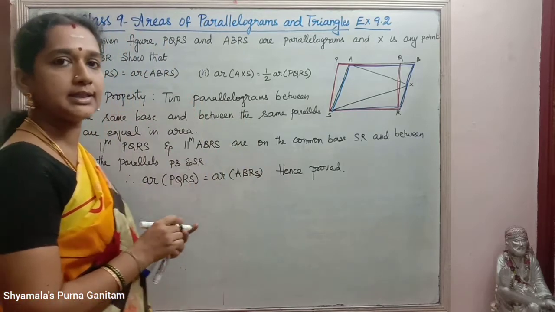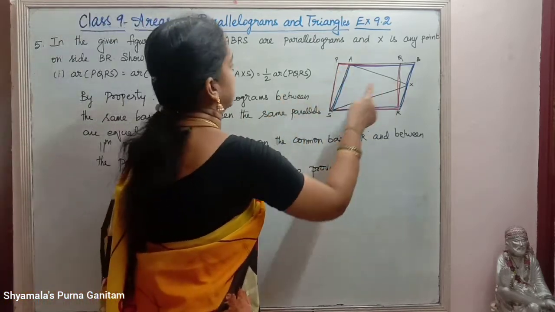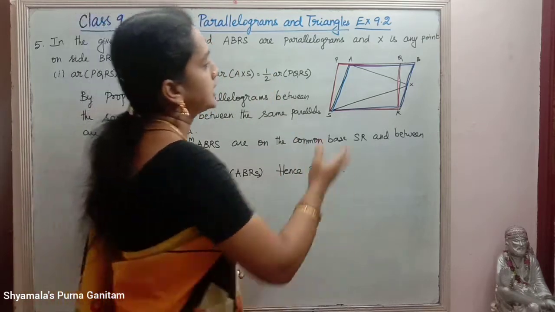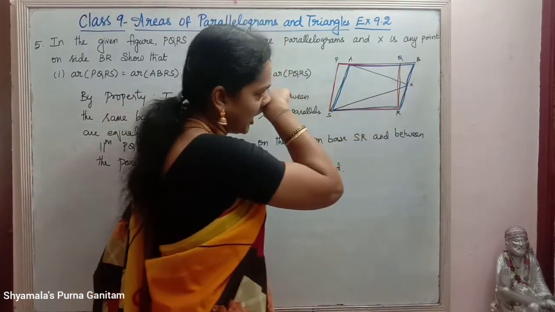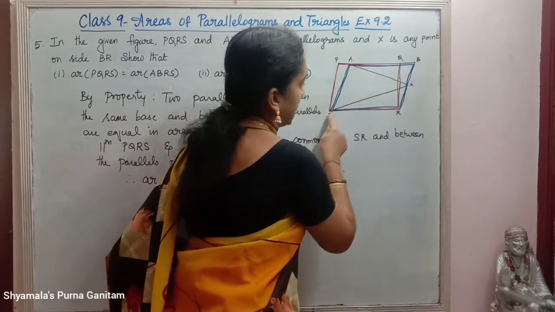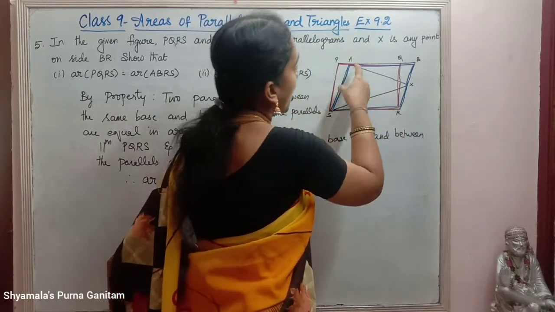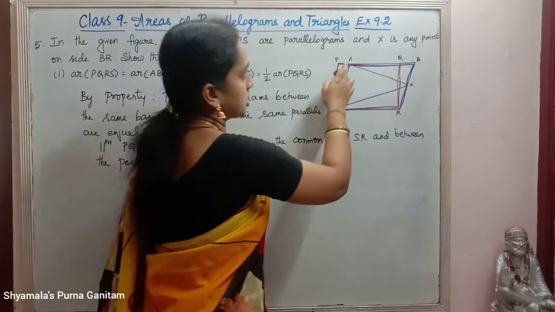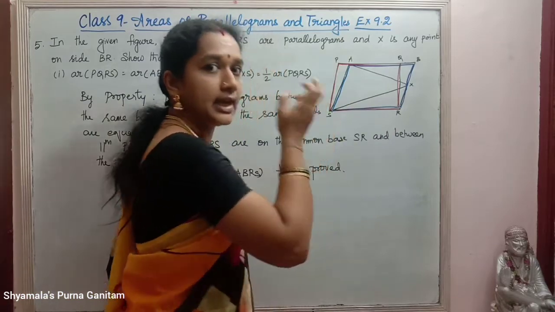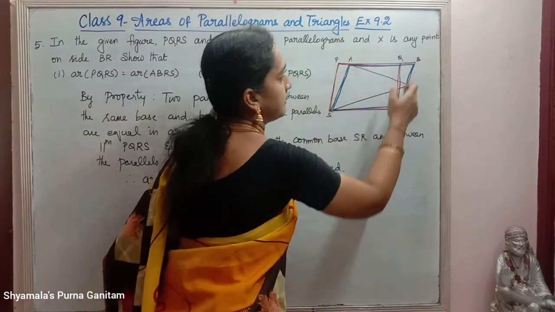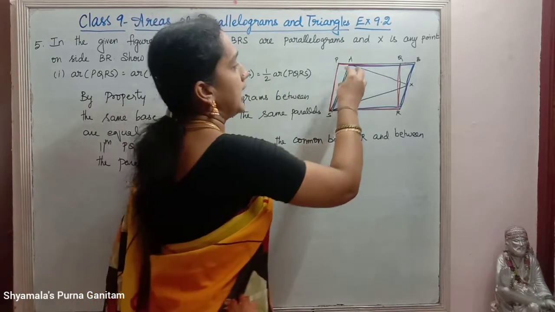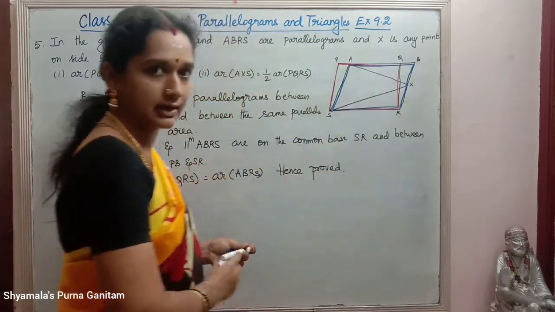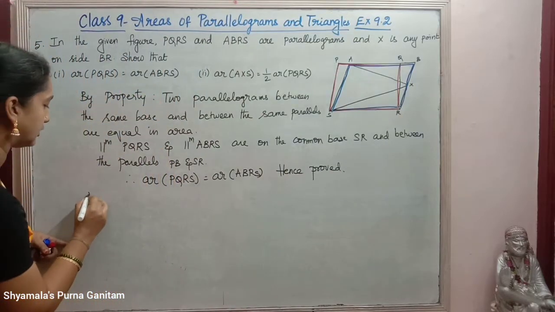Then the second one is area of AXS is equal to half the area of PQRS. When we check the triangle and the parallelogram, this triangle AXS is on the parallelogram ABRS. So the area of this triangle is equal to half the area of parallelogram ABRS. For that also we have to write the property.